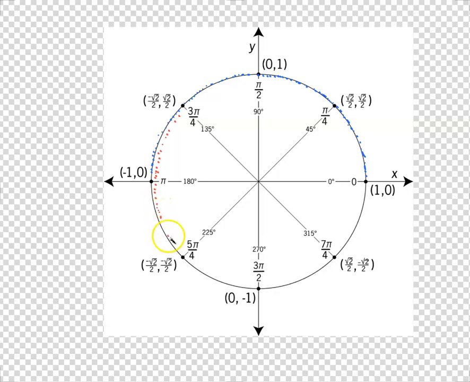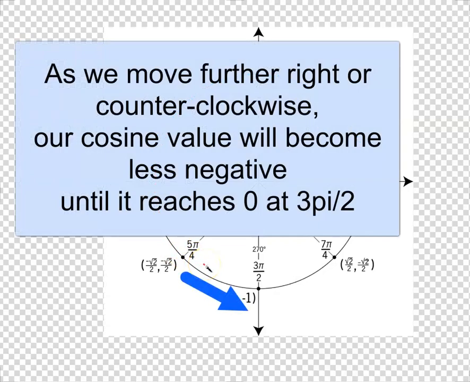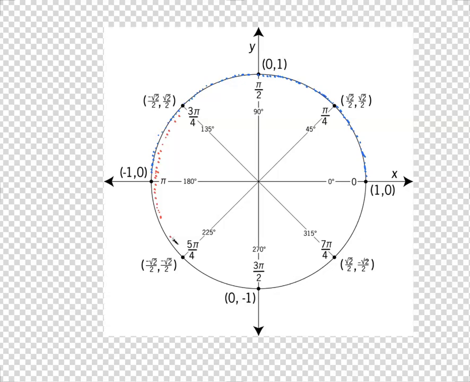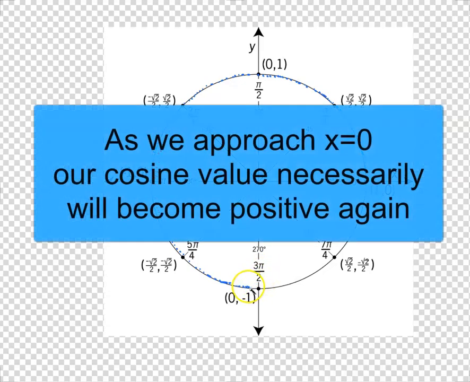However, as we keep going counterclockwise, our cosine function will start to become less negative. So as we keep going counterclockwise towards 3 pi over 2, or 270 degrees, we approach x equals 0.